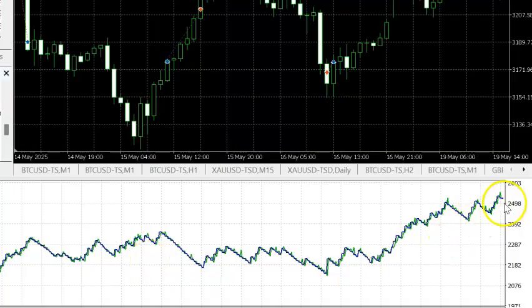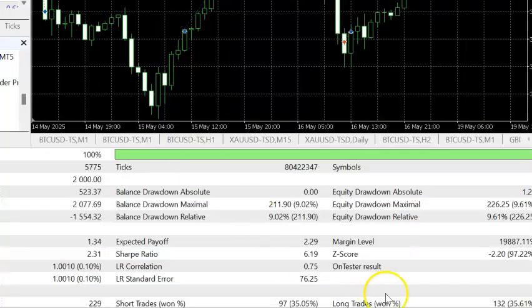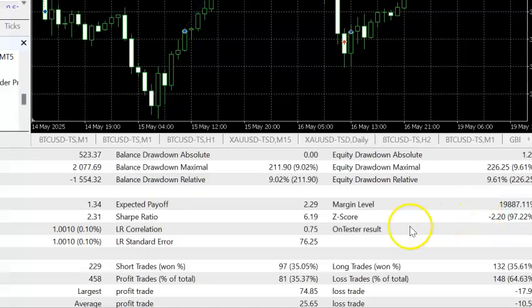Check this out. This is a gold strategy, a breakout strategy. I've been looking at the backtesting, so this is potentially going to be going on demo forward testing very soon, because this is looking quite good actually. So check this out: 9% equity drawdown, win rate 35%, which is not ideal, because ideally I wanted 50%.